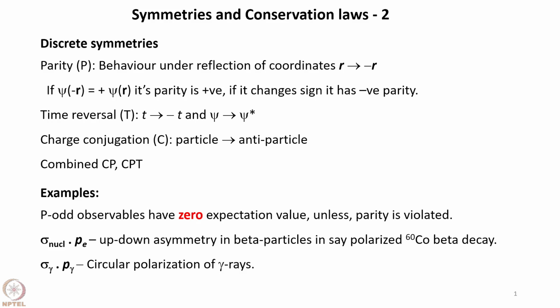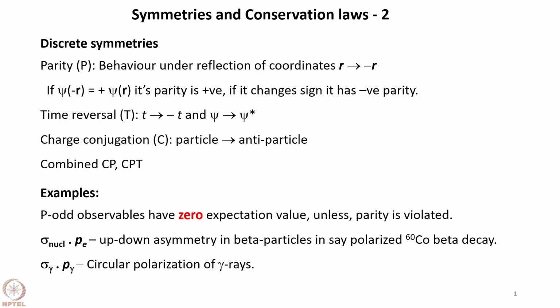So, if you want to look, for instance, for parity violation, then you should look for P odd observables, which means that if I make r go to minus r, that observable changes sign. If parity is conserved, then of course you should have a 0 expectation value. If it is violated, on the other hand, then you would see a non-zero value for the P odd observable.